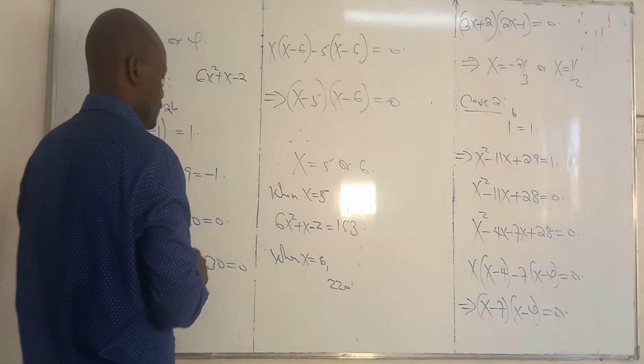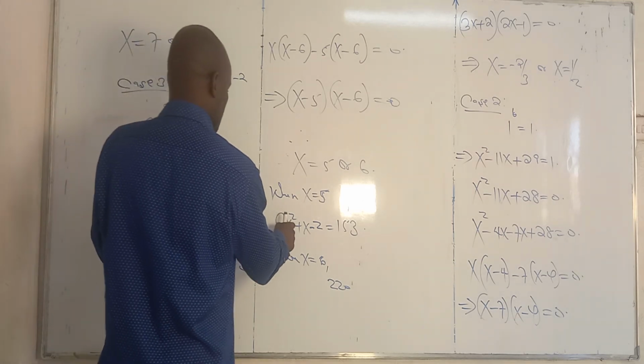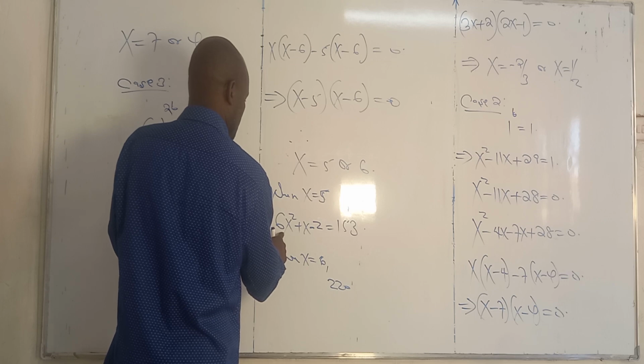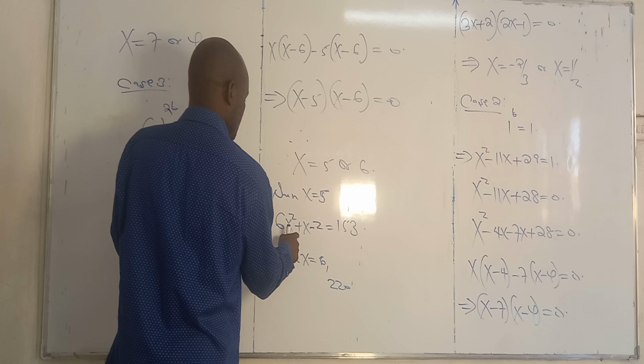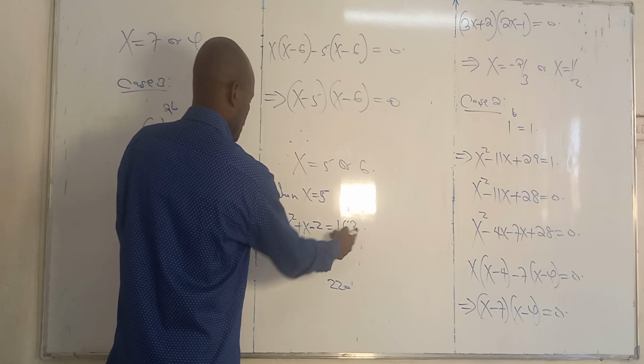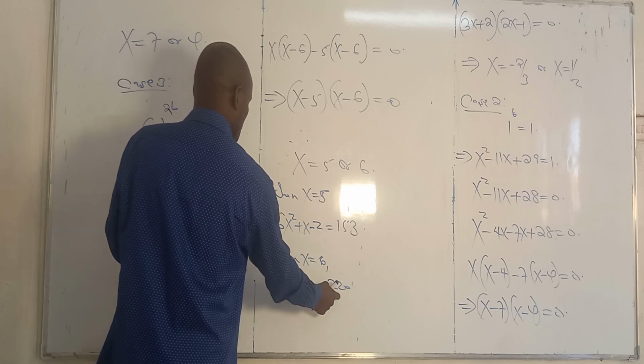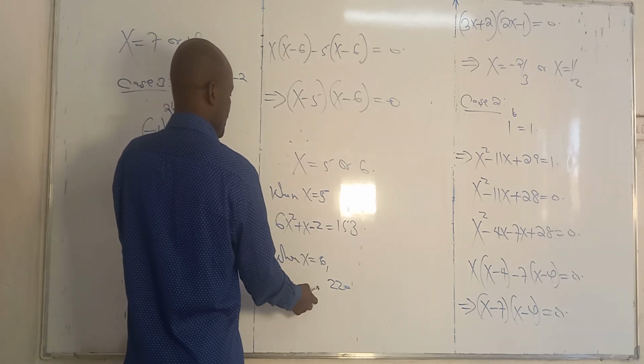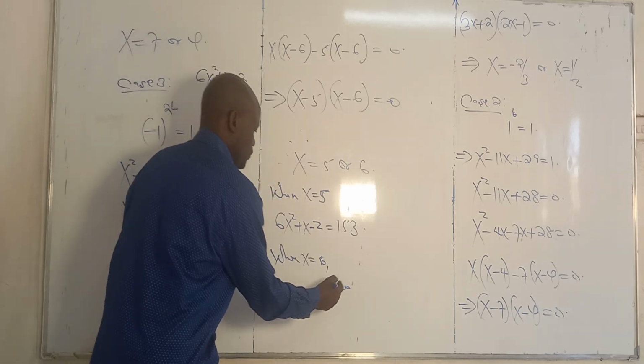It's minus 2, there's no 5 there. And then if you substitute x here again, that will be 36 times 6 plus 6 minus 2, which gives you 220. Just substitute when x is 5 and when x is 6. You will get these values.